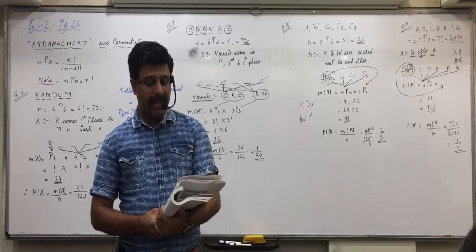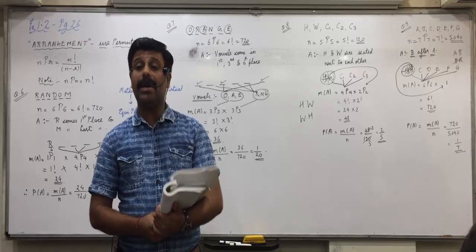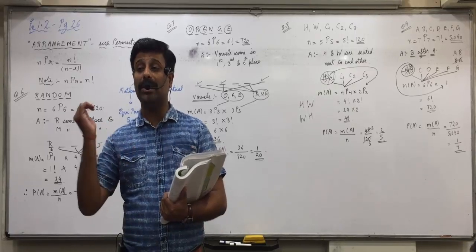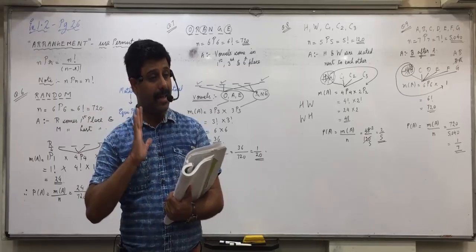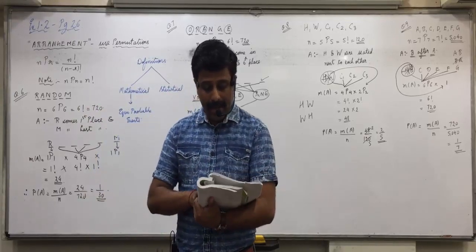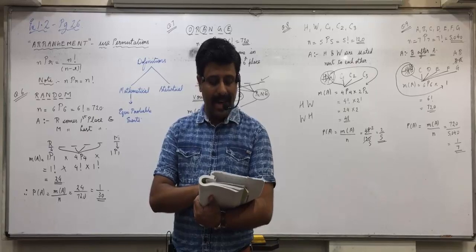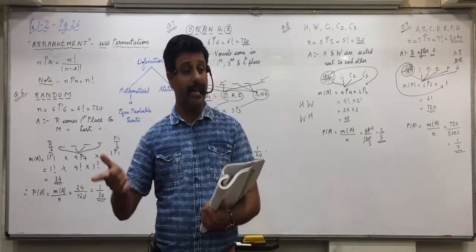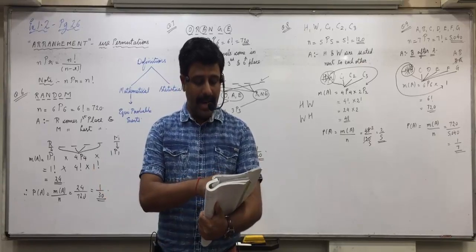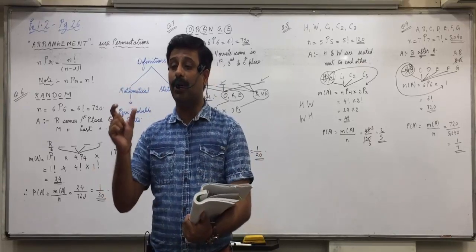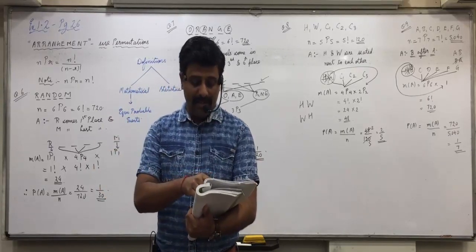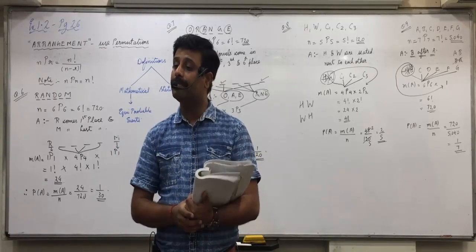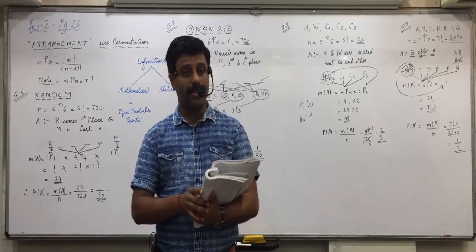Suppose a random experiment is repeated n times under identical conditions. See the example I gave you: suppose you throw the dice 100 times under identical conditions. If an event A occurs in m trials out of n trials, so 4 occurs in 15 trials out of 100 trials, then the relative frequency m upon n, 15 upon 100, of event A gives the estimate of the probability of event A. This is the statistical definition.